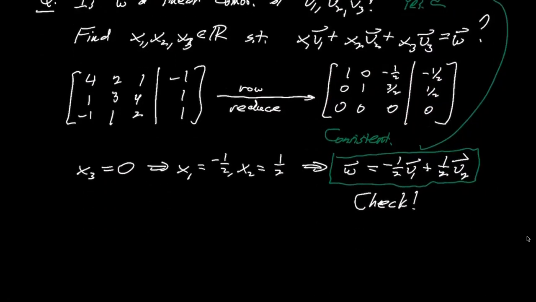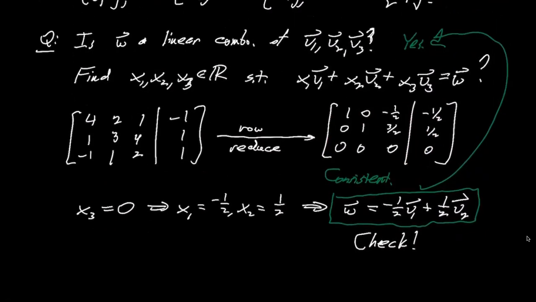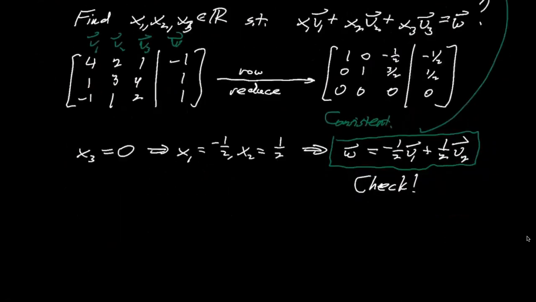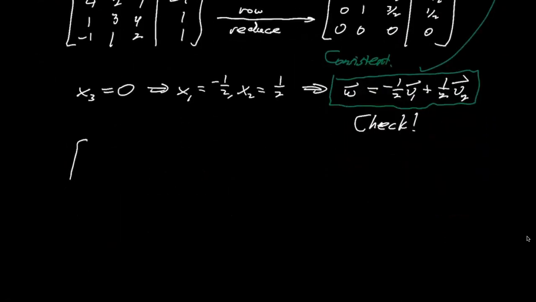By the way, I should probably mention it's nice to write things this way, to note that the columns of the original matrix are V1, V2, V3, and W. So if we just write down the matrix whose columns are V1, V2, and V3, like this, sometimes we'll write things this way.